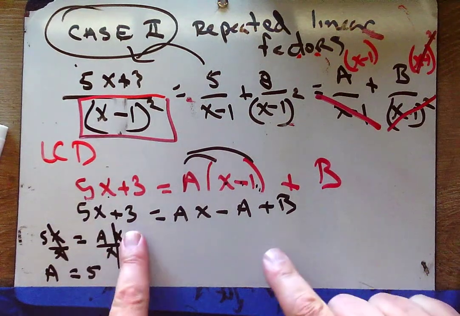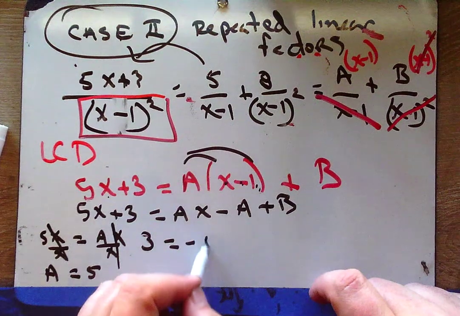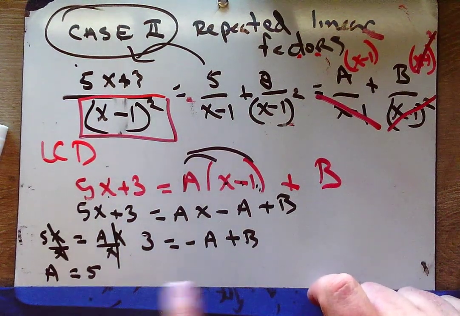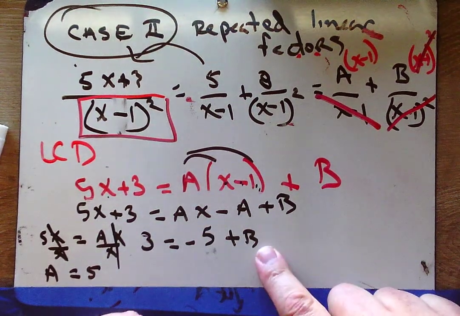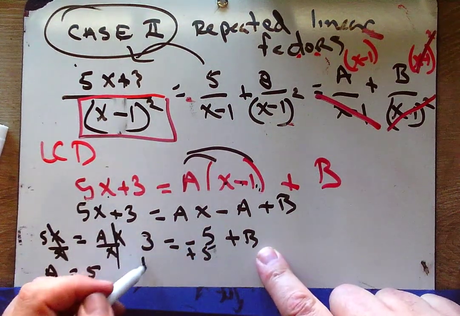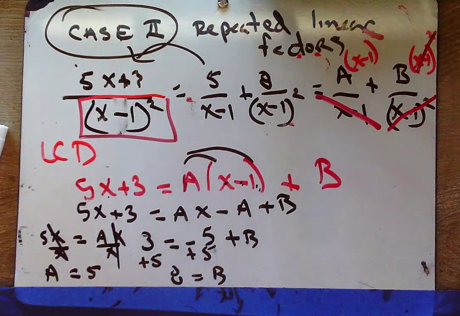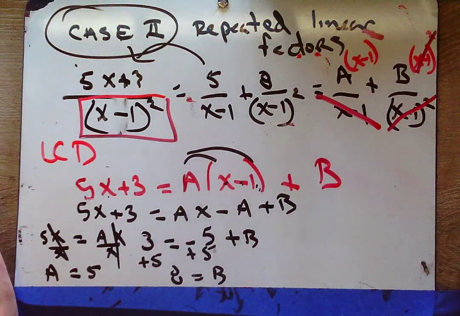Now let's make an equation with the stuff that doesn't have any x's. 3 equals minus a plus b. We know a is 5, so let's plug 5 in there. And I need to solve for b. Well, if I add 5 to both sides, I get 8 equals b. That wasn't so horrible, was it? And I didn't have to use a not-so-magic number.